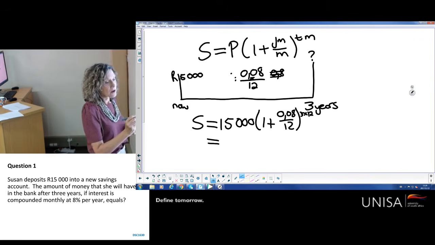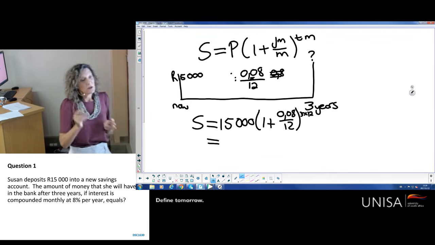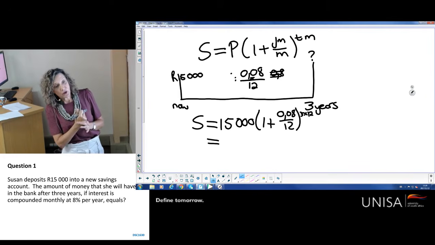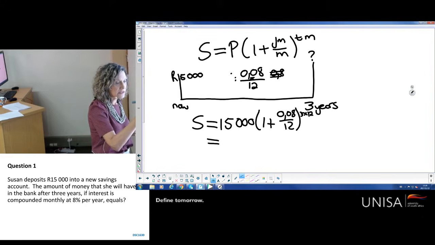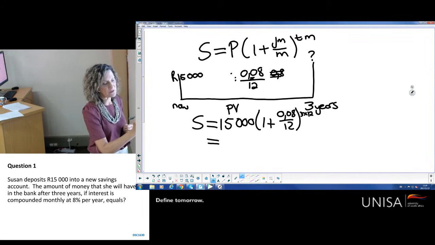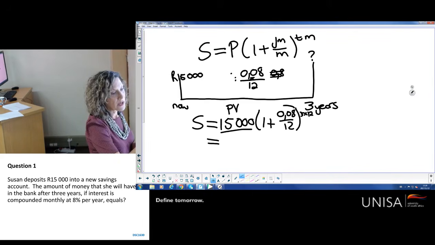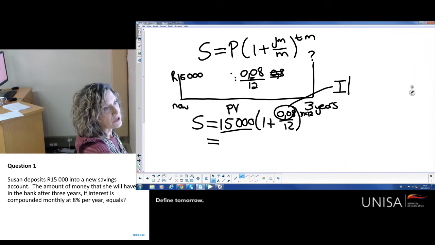Now, on your keys, you will see there's an option which says future value, present value, payment, there's an interest rate, there's a per year, and there's an N value. Now, this over here is what we call our present value. That 15,000 is the present value. The 0.08 is what we call our interest.